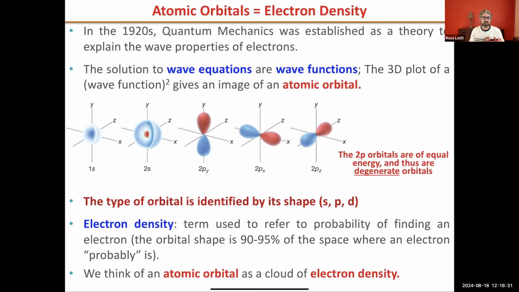Electron density is the chance of finding the electron. The higher the electron density, the higher the chance to find the electron there. That means the electron can be involved in a chemical reaction. If you treat it with something, that electron might do something for you.